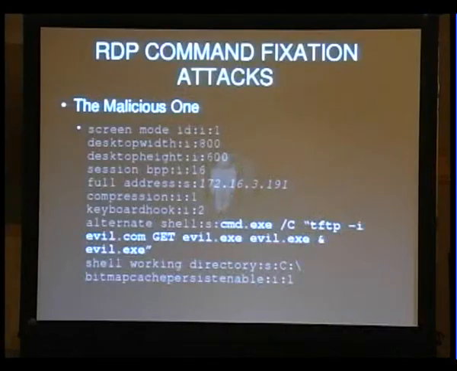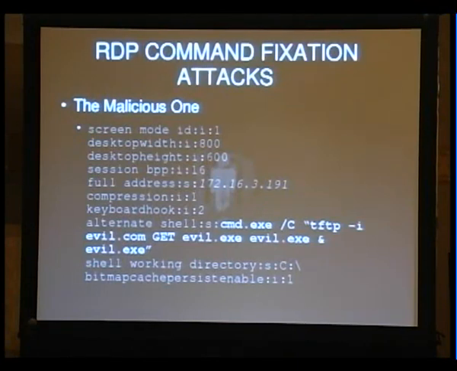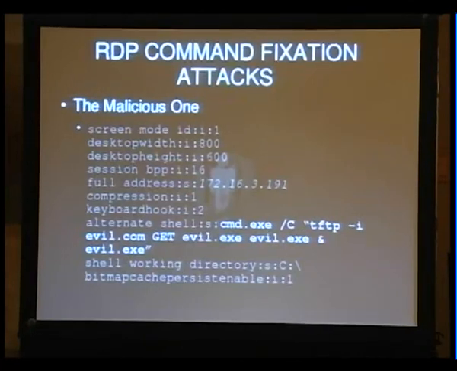Command injection attacks. Okay, so there's an argument against this sort of attacks. Some people will claim, well, if you can trick me to double click on a file, then why not just send an executable to the victim? Now, we are going to discuss a few different configuration files used by Windows Terminal Services, Remote Desktop, and also Citrix.